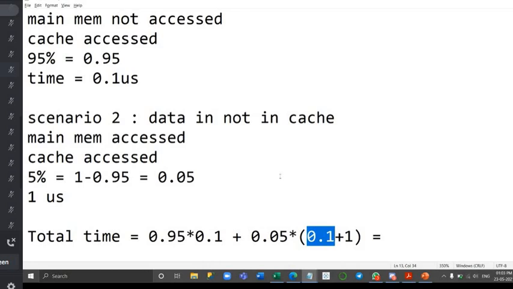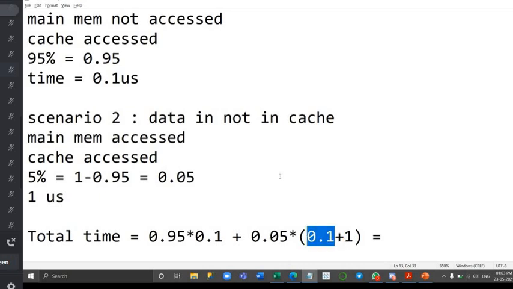If it's a cache miss, the processor comes to the cache memory first and tries to find the data. Do you have the data here? The cache says, sorry boss, I don't have it. Then it proceeds to the main memory to find the actual data. So this 0.1 is spent anyway, be it a cache hit or a cache miss; this 0.1 will always happen. In the case of a cache miss, this 1 will happen because this is the main memory access time.